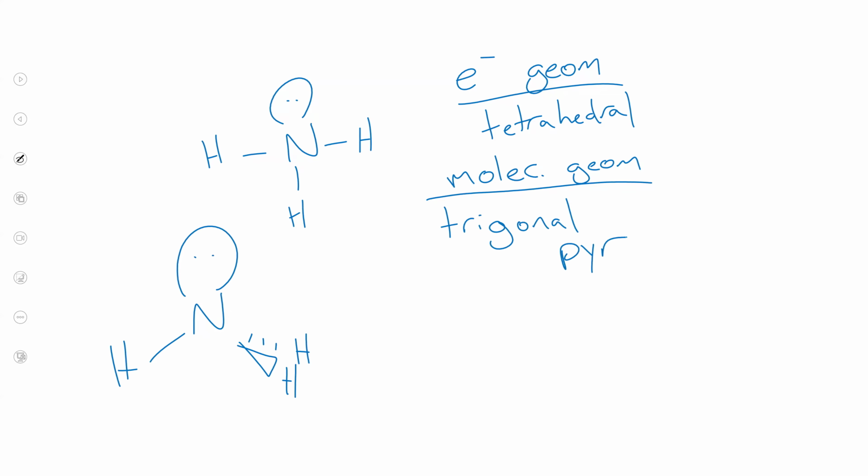But the good news is you don't need to remember it. I would at least memorize these ones because the basic electron geometries, it's only 3 choices for you right now. It's either linear, trigonal planar, or tetrahedral.